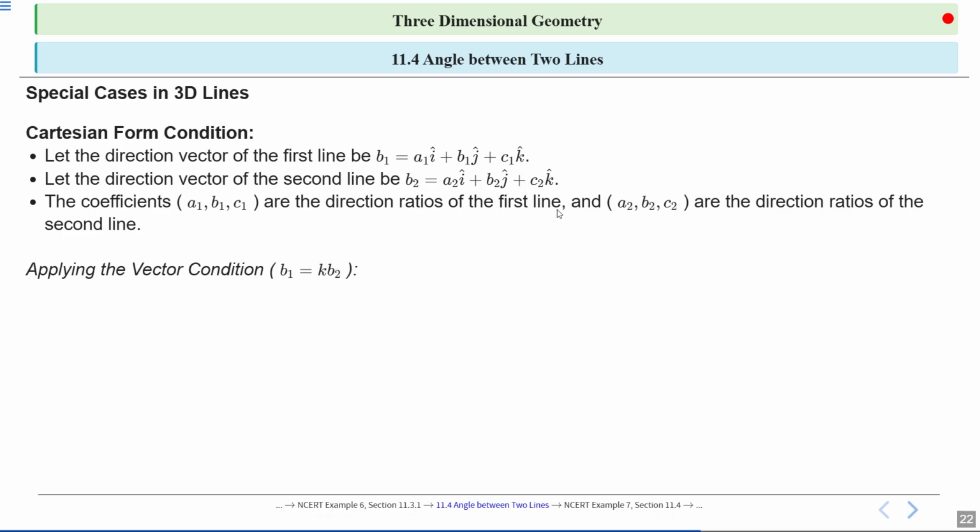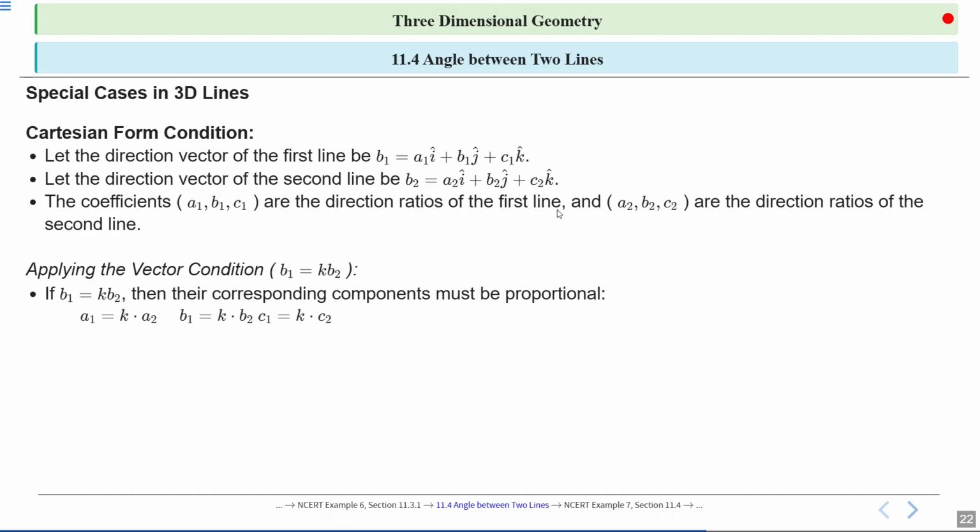Now let's apply the vector condition b1 equals k times b2. This means that the direction vector of the first line is a scalar multiple of the direction vector of the second line. So if b1 equals k times b2, then each component of b1 must be proportional to the corresponding component of b2. In other words, a1 equals k times a2, b1 equals k times b2 and c1 equals k times c2.